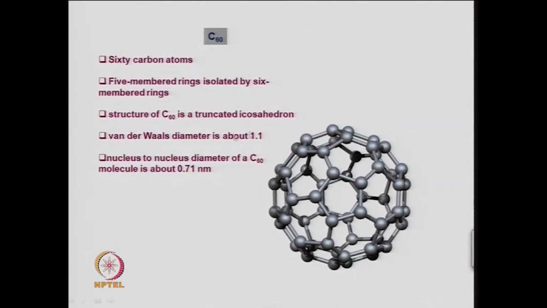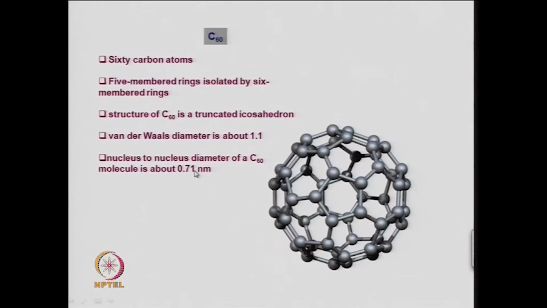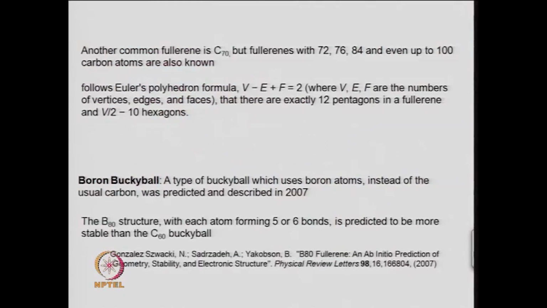So, on an average you can just say that the fullerene molecule is of the order of 1 nanometer, but of course, it depends on what kind of diameter you are defining. If you take the van der Waals diameter, it is 1.1 nanometer, and if you talk about the nucleus to nucleus diameter, then it is 0.71 nanometer, which is equal to 7.1 angstroms.